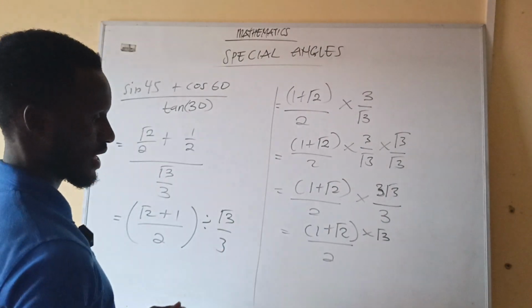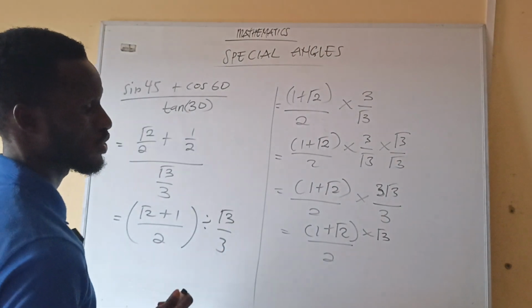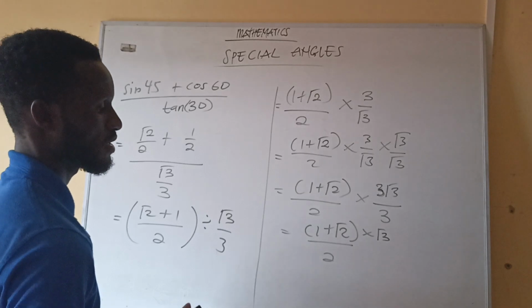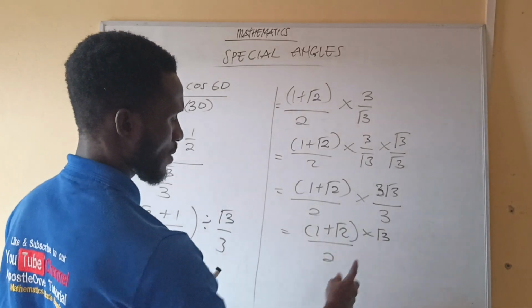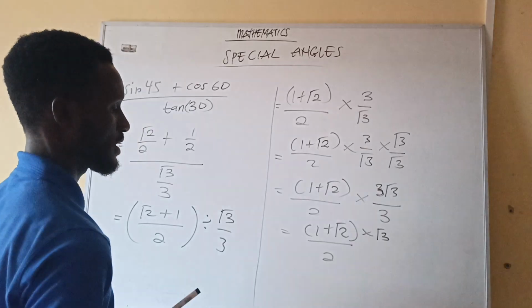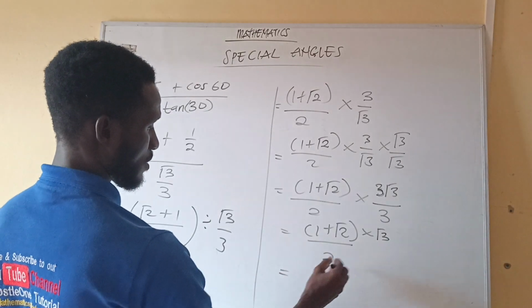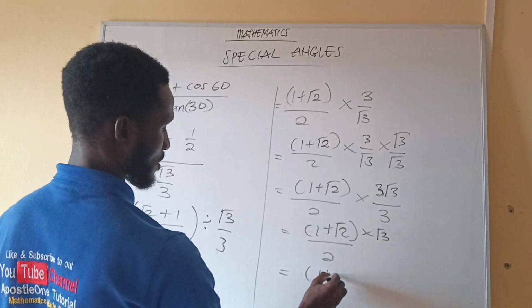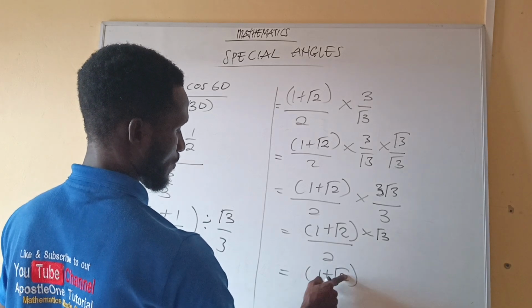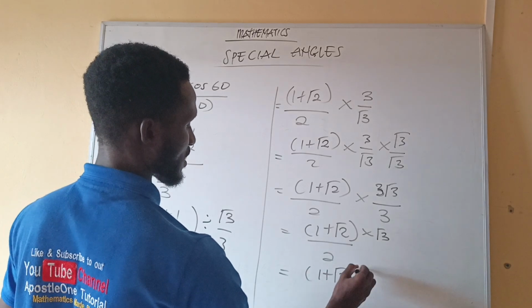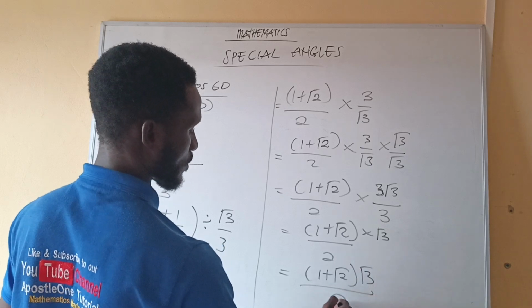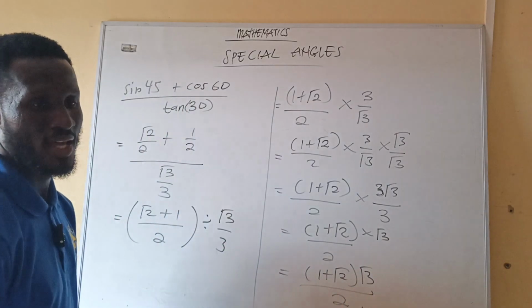I think we can even leave our answer here, or we can also decide to expand. I want to leave the answer here because when I expand, I'm just making it complicated. So the whole thing will be 1 plus root 2, all multiplied by root 3, divided by 2.